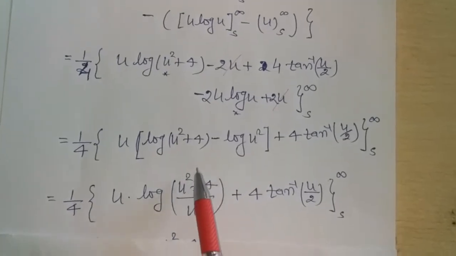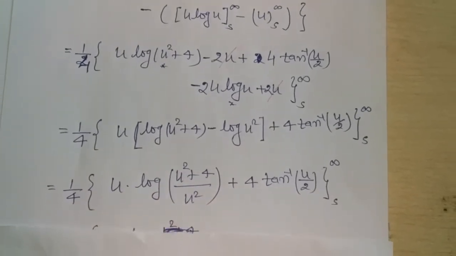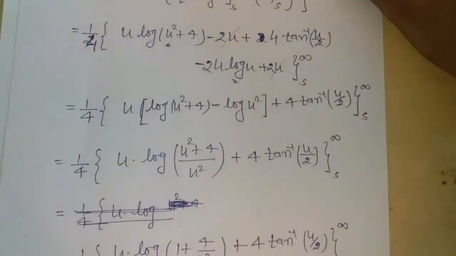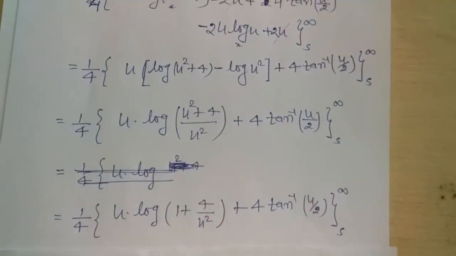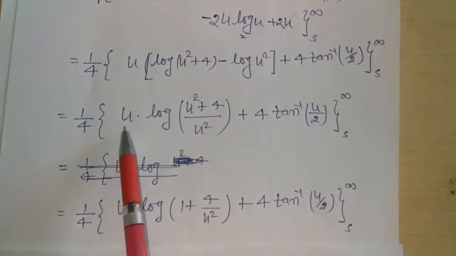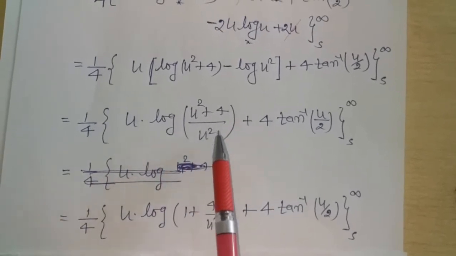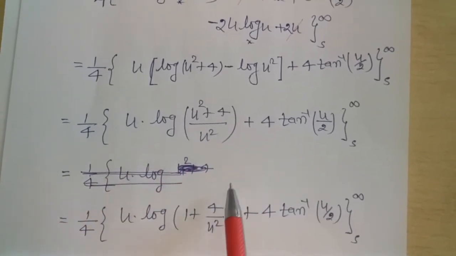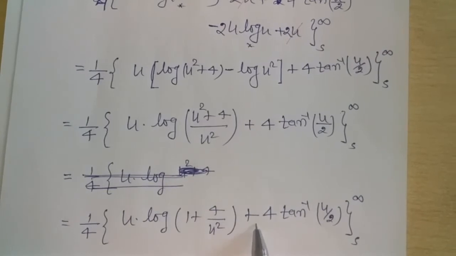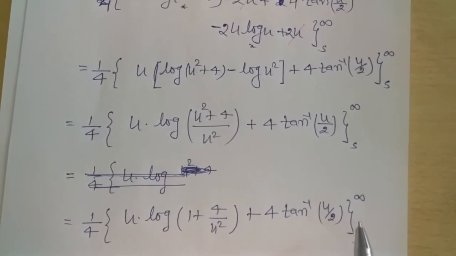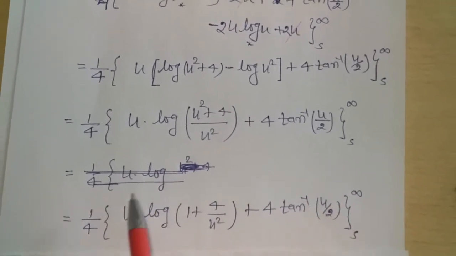Now here we separate the LCM, so we have 1/4 into u into log of, by separating the LCM, 1 + 4/u², plus 4 tan inverse (u/2) from s to infinity.